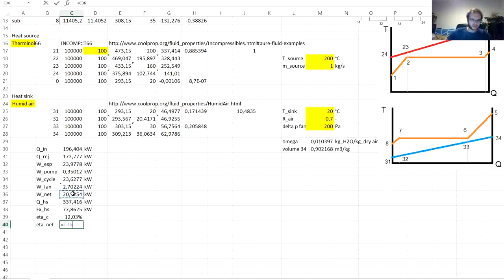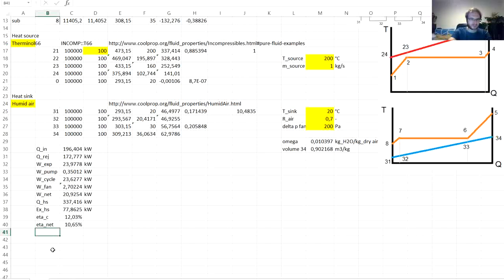So it would be net work divided by heat input, and you can see 1.5 percentage points lower just because of adding the work of the fan, or almost 10% lower.